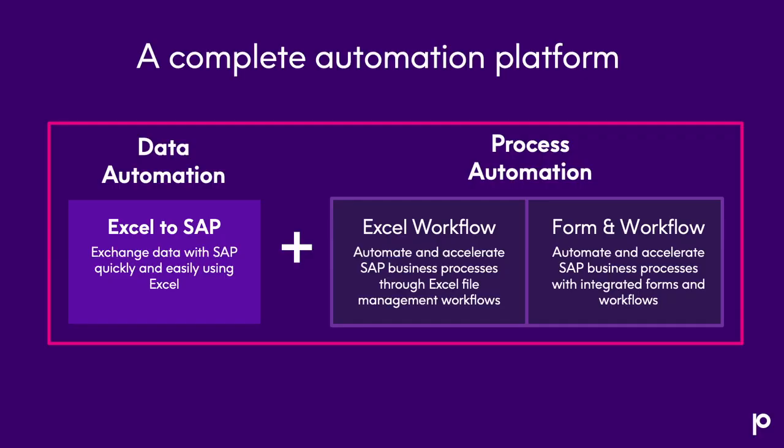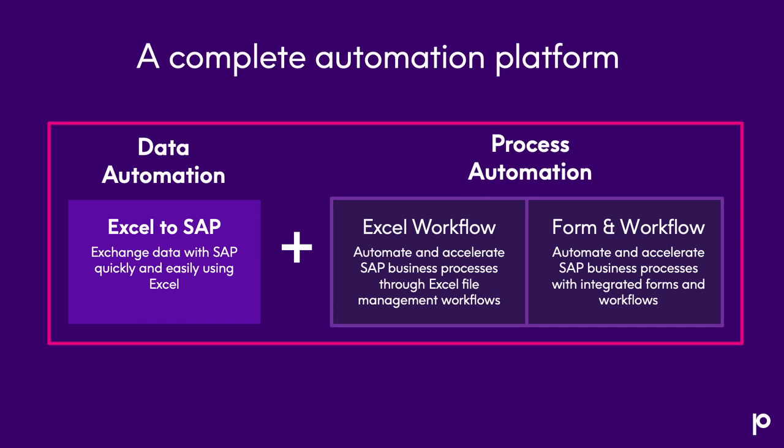So being able to continue to use those Excel files, but in a governed and managed way, can be absolutely critical. And being able to use them as your primary interface for SAP in many departments can also drive greater benefits. It's less training, it's a lower barrier to entry, things of that nature.